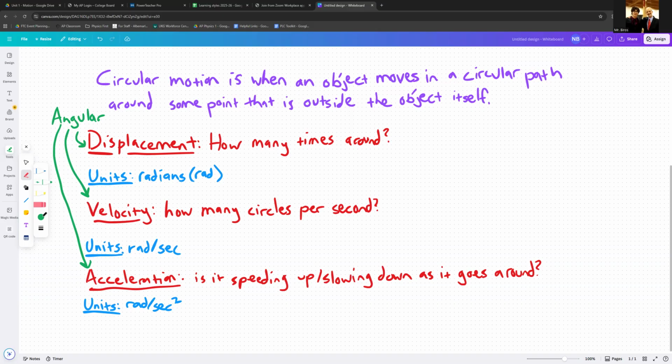Okay, so for circular motion, these are our kinematics values. We have some variables as well for all of them. So let's fill those in too. We use delta theta.